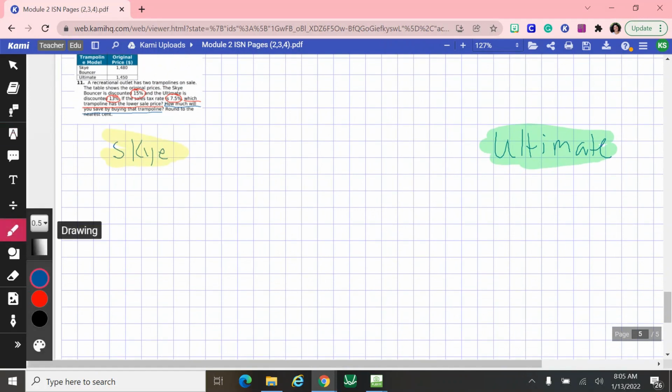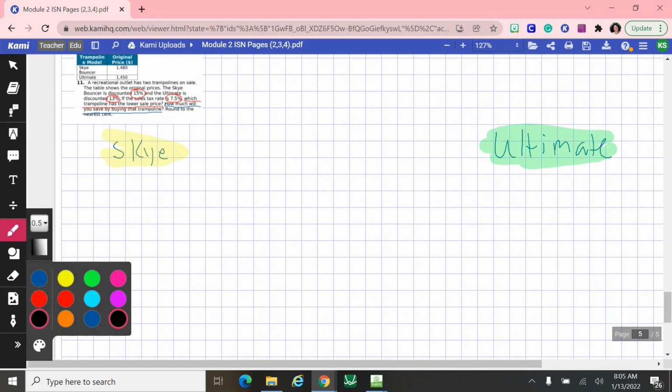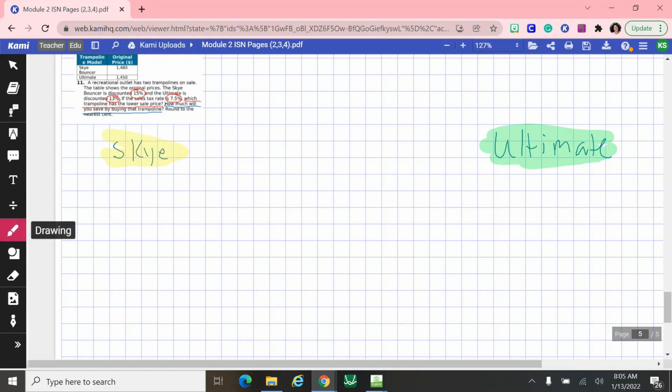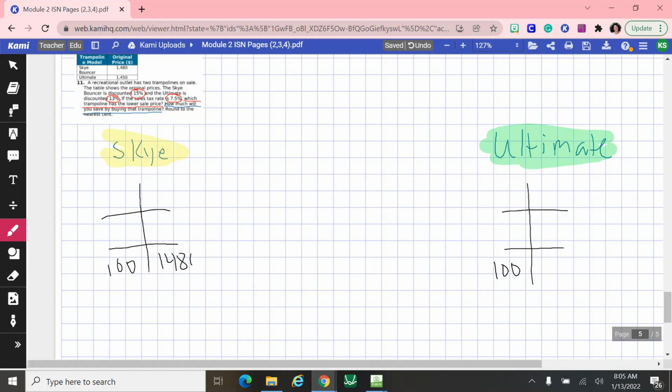So the first thing we need to do is figure out what the discounted amount was, before we can add the sales tax. So let's go ahead and do that. Sky Bouncer is here, and Ultimate is here. I start with 100 in the lower left-hand corner, and my original price right next to it, $1,480 and $1,450.